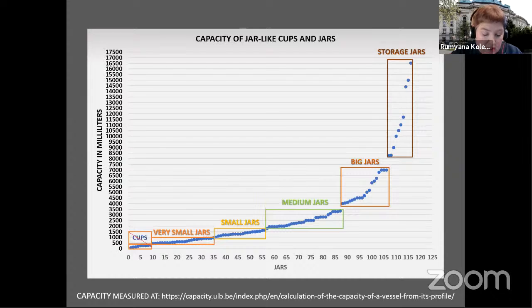For convenience, here we'll name them very small jars, as so far no vessel whose shape resembles cups has a corresponding capacity. The next group are jars with a capacity of between 1000 and 1800 milliliters, defined as small jars. Their function is suitable for the short-term preservation of surplus of milk, preparation of yogurt, storing butter, or other products.